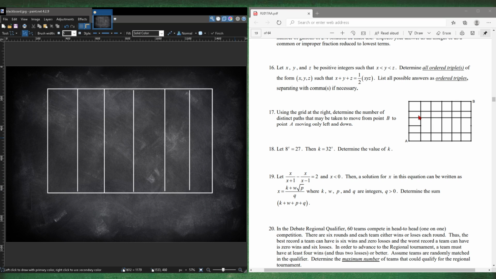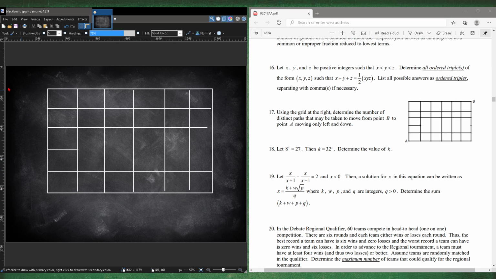And then there's 5 here, but only that one is incomplete. 2, 3, 4, 5. Okay, so just to make sure it's correct. Yep, it is. Okay, so a way to think about how to do this, oh, I forgot to, I'll just draw it in.